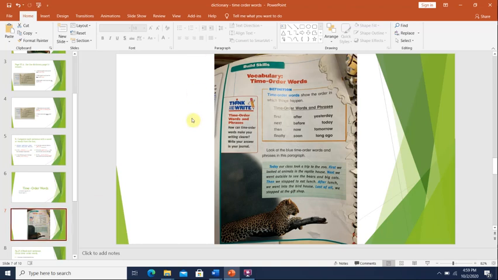If you look on page 26, you'll find a table or a rectangle with some time order words that we use without realizing. Okay, so again, what are time order words? Time order words are words that show you the order in which things happen.